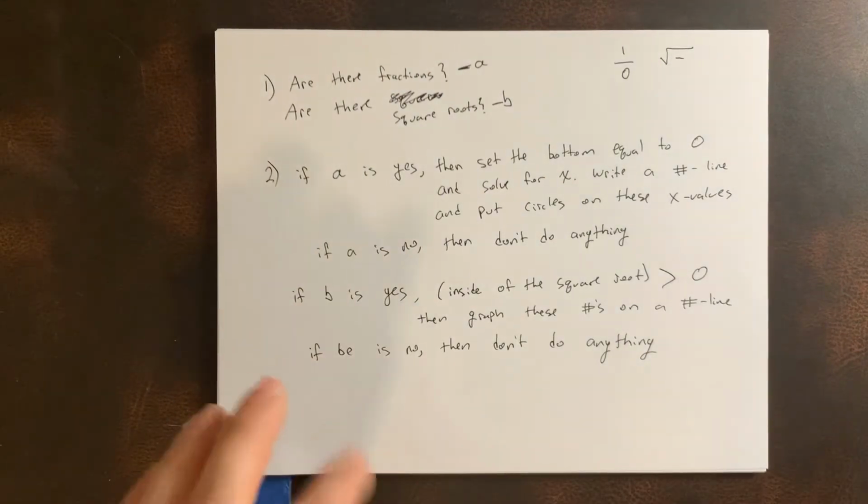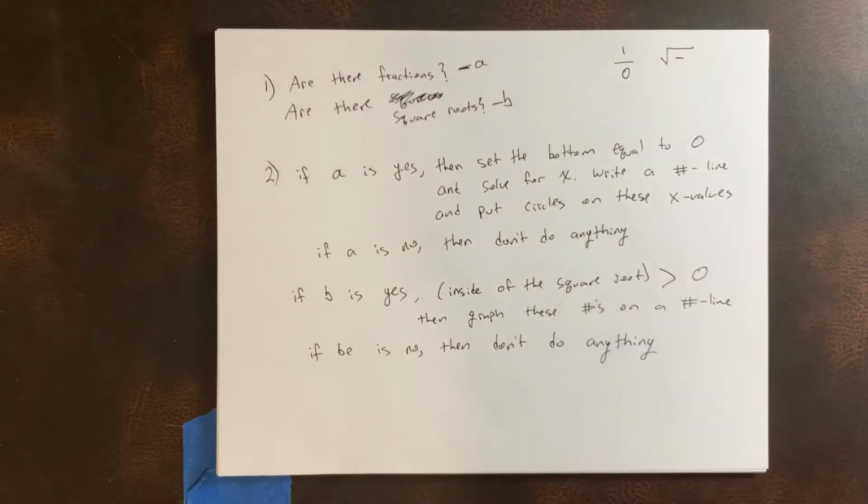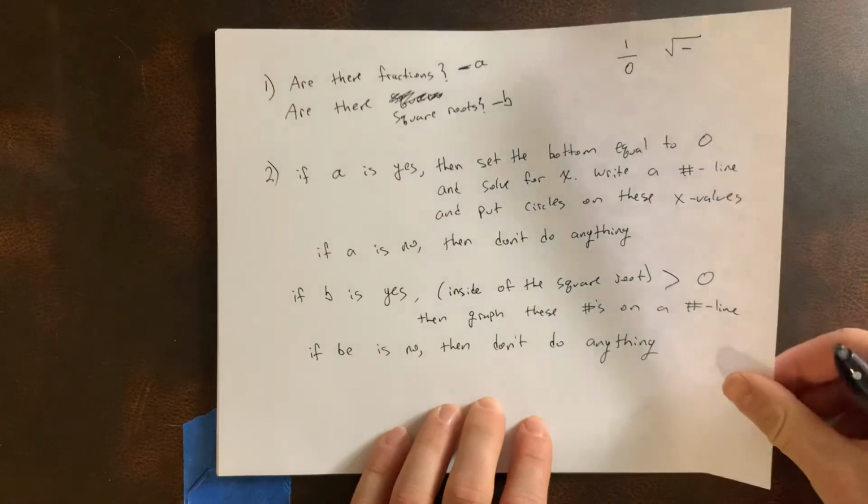Okay, so for any domain problem, these are going to be the steps that we need to follow. And every single time, if we follow these steps, you'll get the right answer. So on this next page, let's go over a couple of examples and different scenarios that we would have.